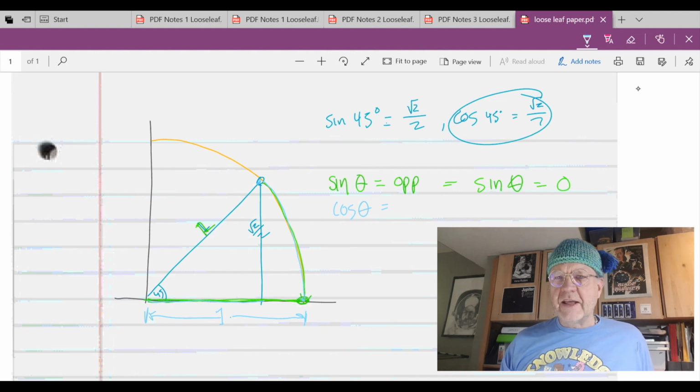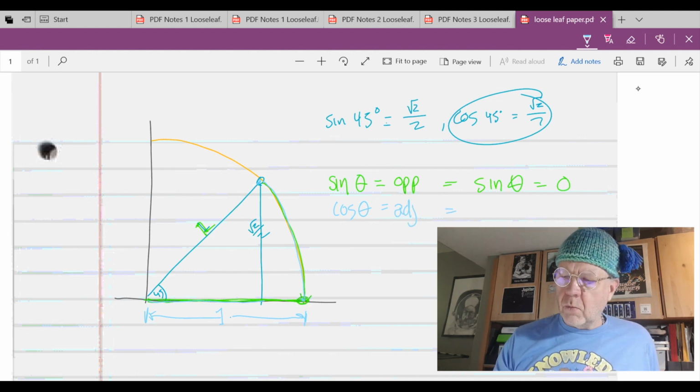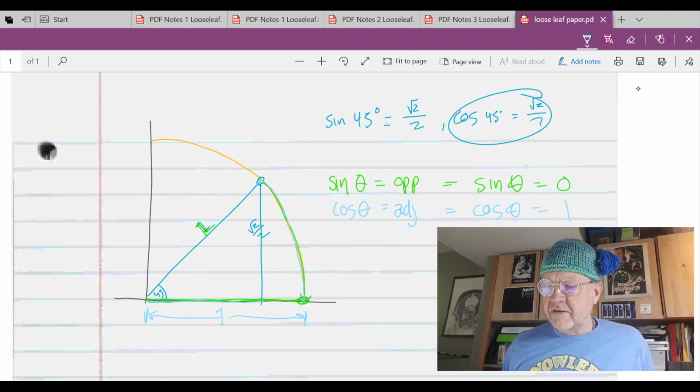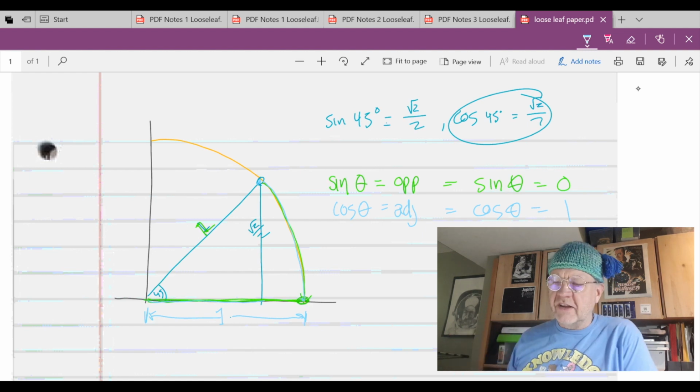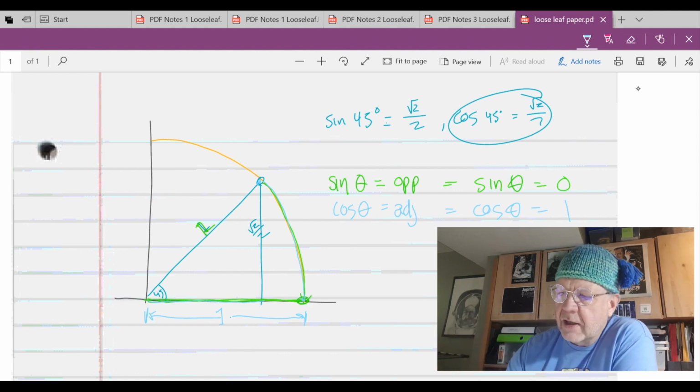And so the cosine now is equal to the adjacent side over 1. Well, 1 over 1 is simply 1. Cosine of 0 degrees is 1. And we're just doing this logically. We're sussing it out without having to do any math. But I encourage you to go and check out, do sine of 0 degrees, do cosine of 0 degrees, and you will see that you get these answers.